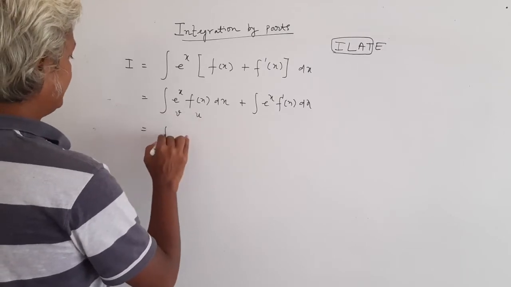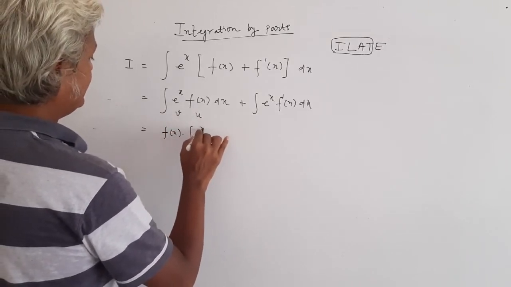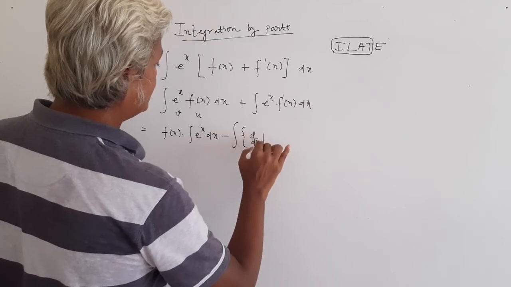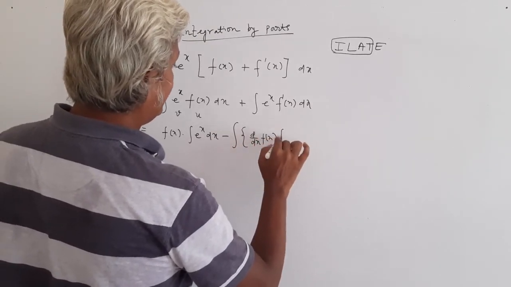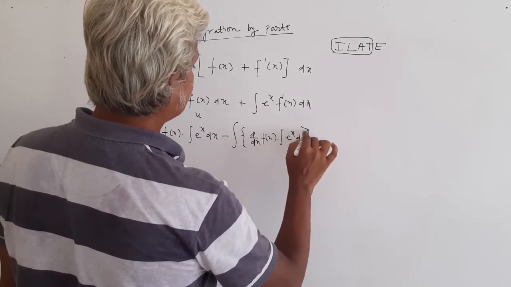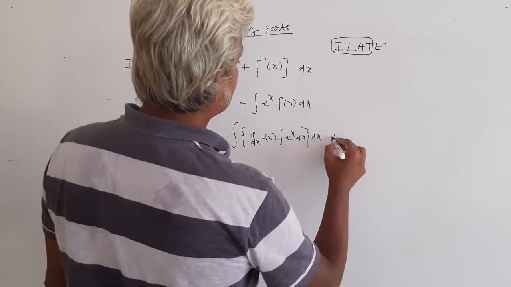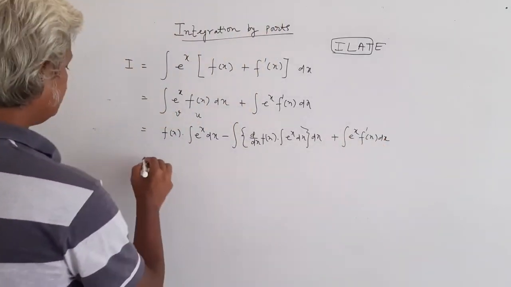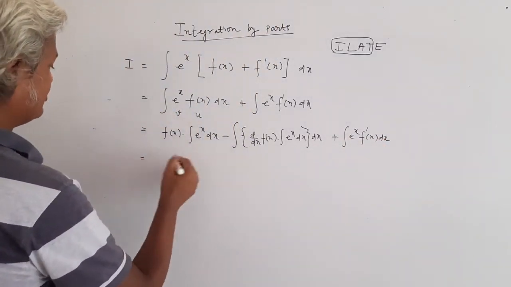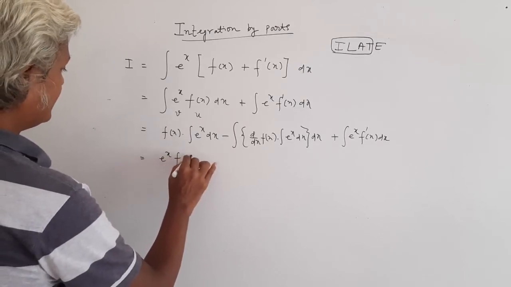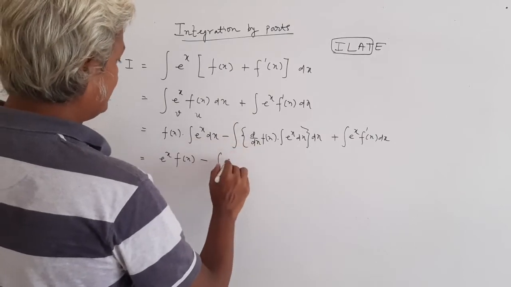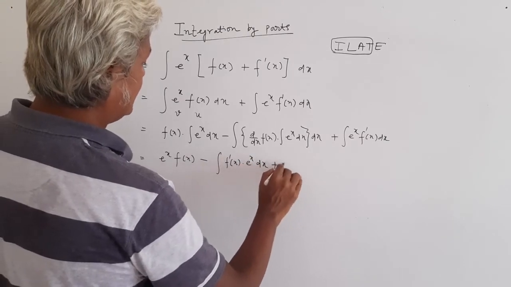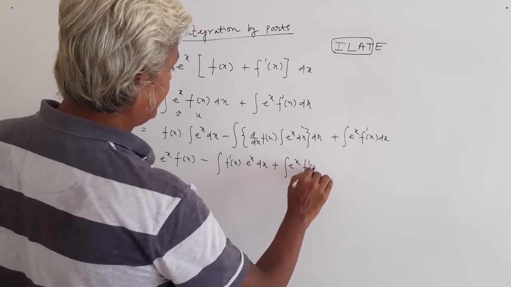We keep u, f(x), unchanged, times the integration of e to the power x dx, minus the integration of the differentiation of that unchanged function, that is f'(x), into the integration of e to the power x dx, plus the integration of e to the power x f'(x) dx. The integration of e to the power x dx is e to the power x, so we get e to the power x f(x) minus f'(x) e to the power x dx plus e to the power x f'(x) dx.